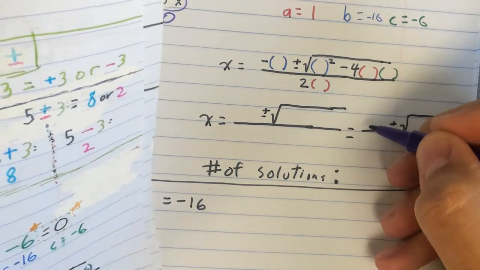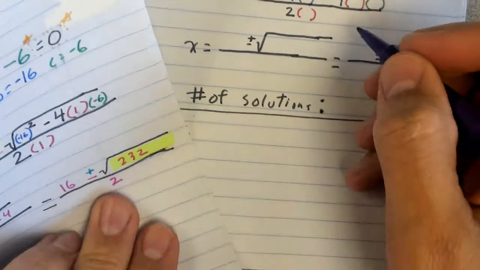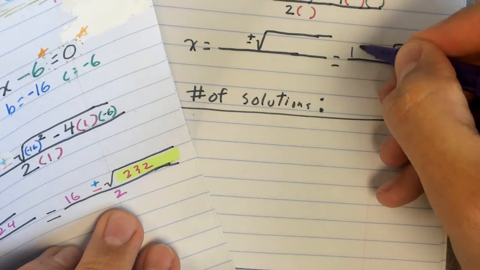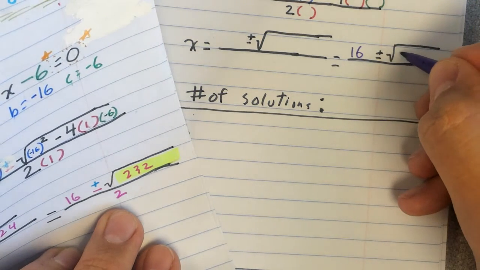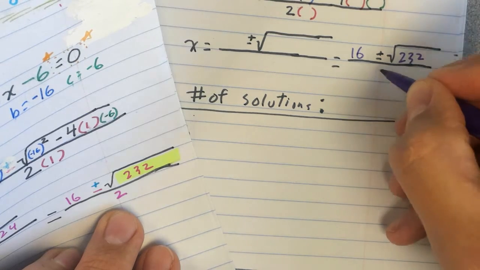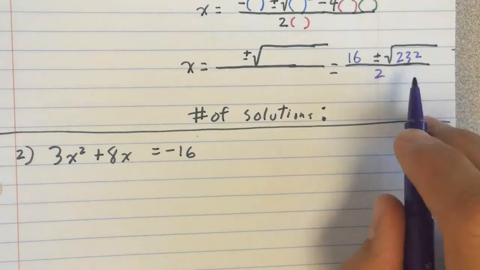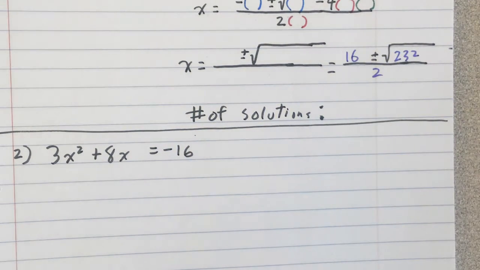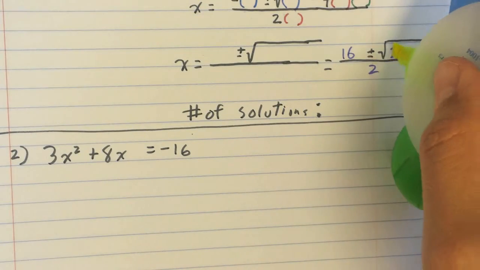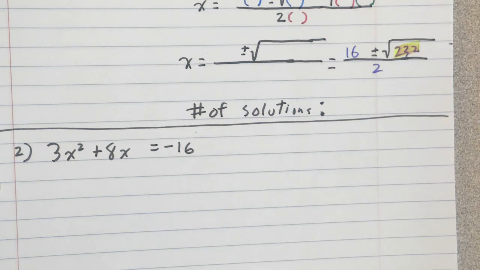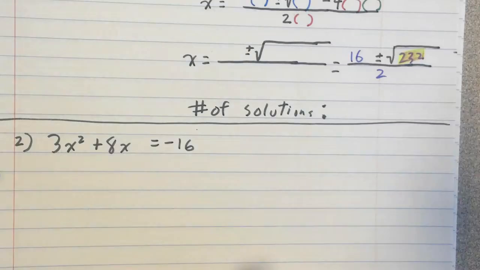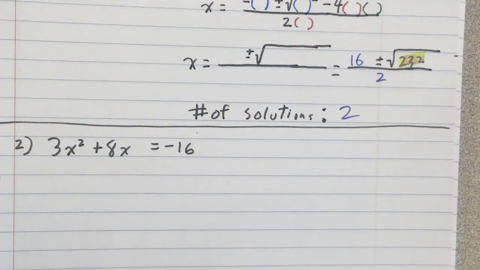When I did that one, I got 16 plus or minus the square root of 232 all over 2. So how many solutions does it have? The discriminant right here, that's pretty ugly, has a positive number inside, so that means there are 2 solutions.